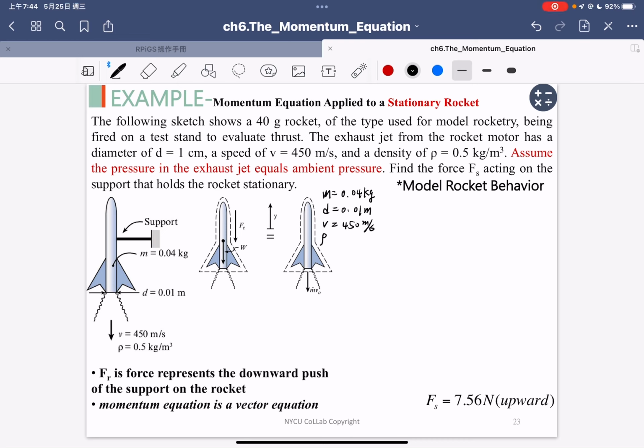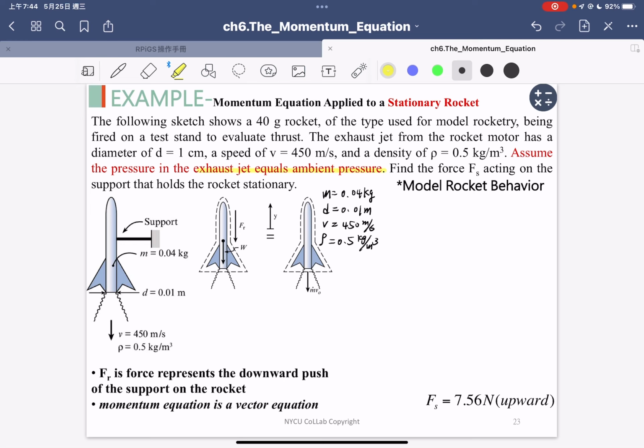The gas has a density of 0.5 kilogram per cubic meter, and assume the pressure in its exhaust jet equals the ambient pressure, so there is no gauge pressure.